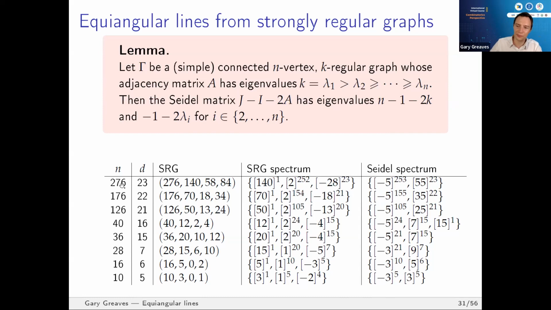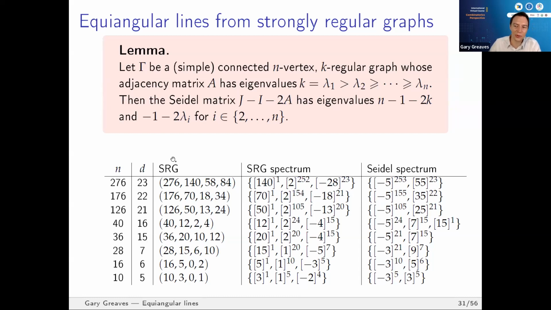Here I have a bunch of n and d: the number of equiangular lines n and the dimension d. Here I have the strongly regular graph and the parameters below. Remember we saw the Witt design, 276 lines in dimension 23. That had Seidel spectrum with these two eigenvalues, minus 5 to the 253 and 55 to the 23.